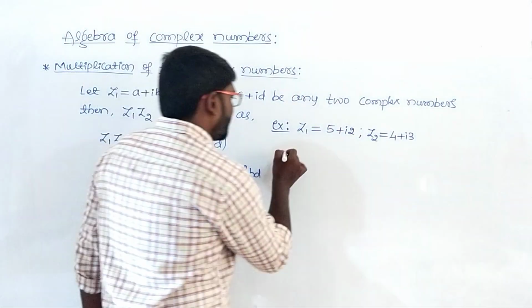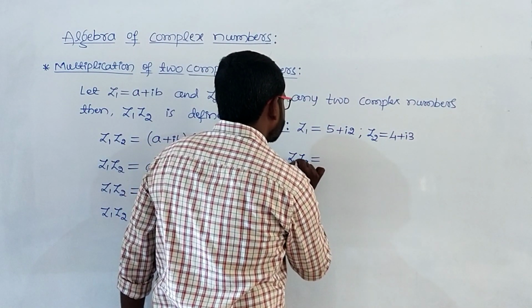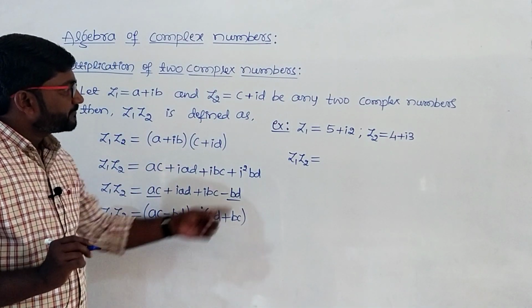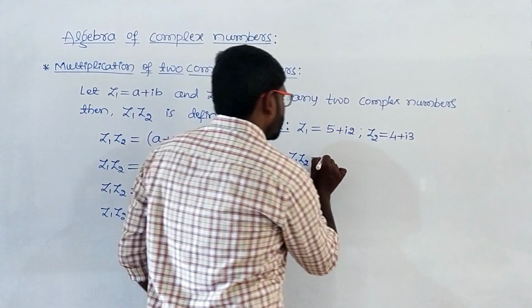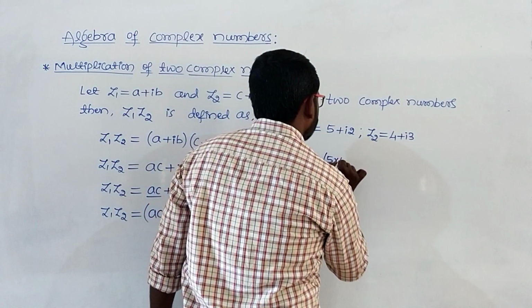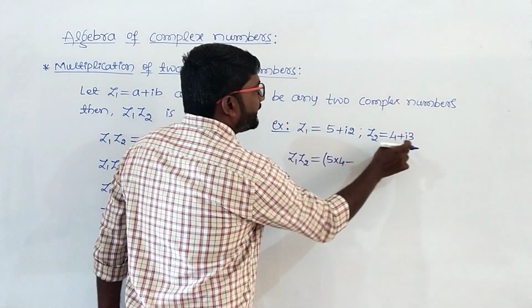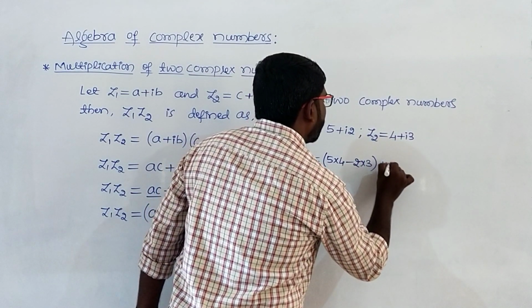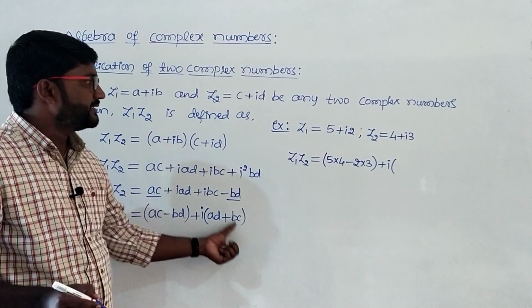So I will go for Z1 into Z2. Z1 into Z2 is equal to, see here, AC. So this is A and this is C. So 5 into 4 is AC, minus BD, 2 into 3, plus i written outside, then it is AD plus BC.